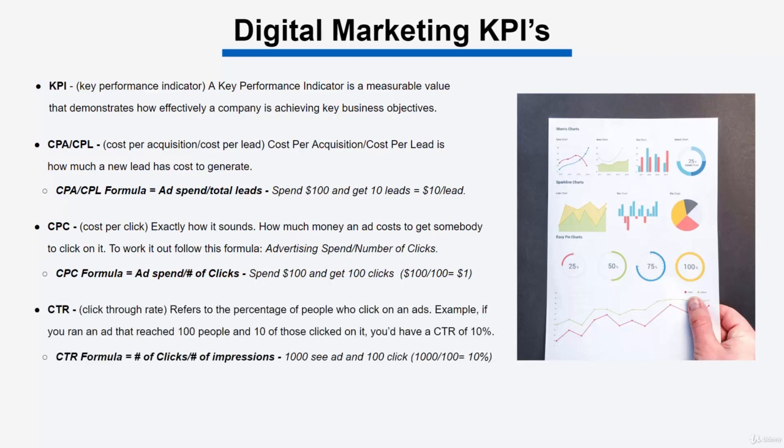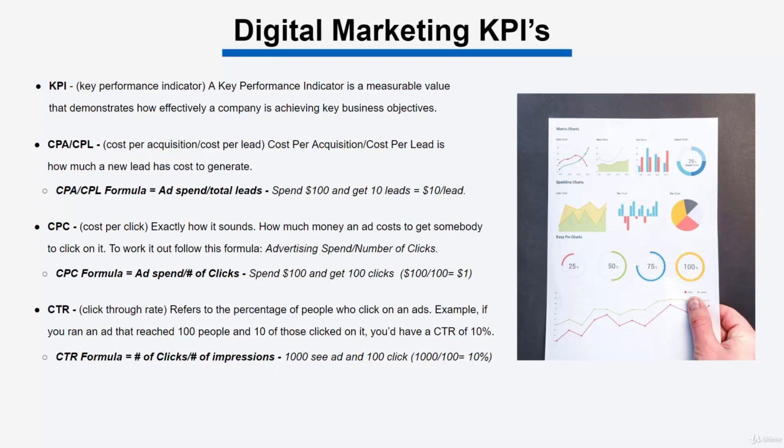And then CTR, click-through rate. And so this refers to the percentage of people who actually click on the ad. So an example of this is, let's say that we run an ad and it reached 100 people, and then 10 of those actually clicked on it. Then we would have a CTR or click-through rate of 10%. So here's the formula.